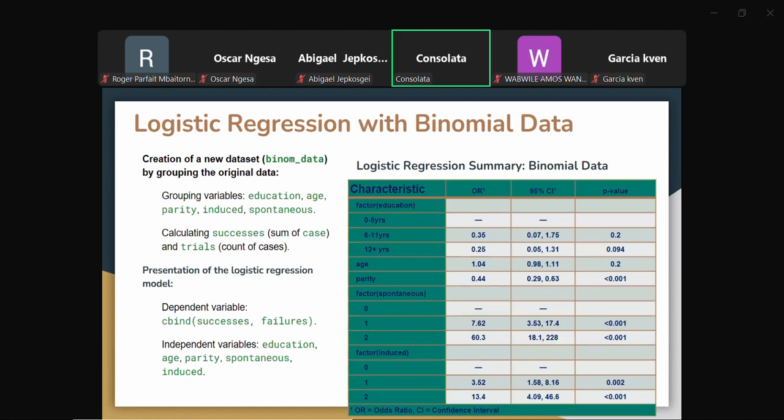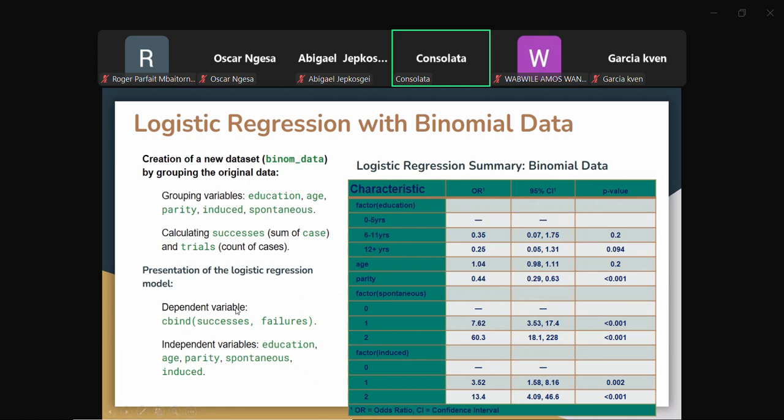So when you modeled using binomial, we grouped the factors together, that is education, age, parity, induced and spontaneous abortions, and then we were calculating the successes, which is the cases of infertility, and the failures as the trials minus the successes.